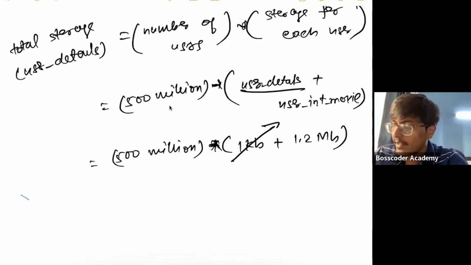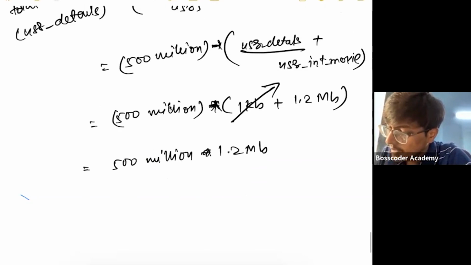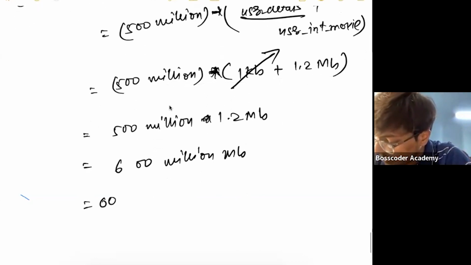So I can neglect this part since this is very, very small, right? So I can write it like 500 million into 1.2 MB, which will come out to be 600 million MB, which is 600 MB into 10 raised to power 6.